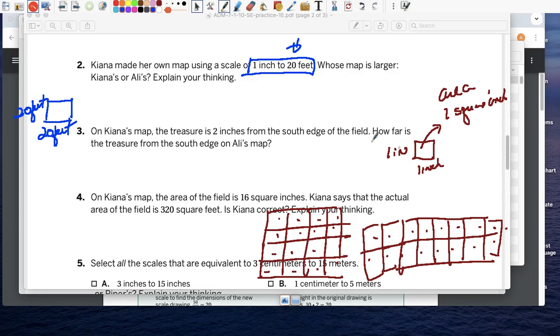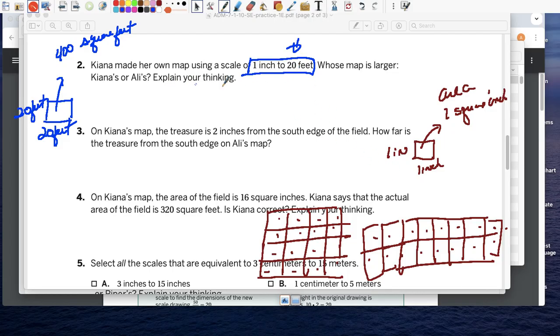So every inch represents 20. In real life, that inch there would be 20 feet, and this would be 20 feet. And if you multiply these two, you get the area, which is 400 square feet. Just keep it consistent: square feet. Now, how many of these 400 square feet do we have?